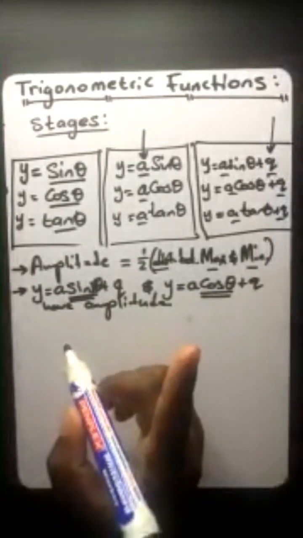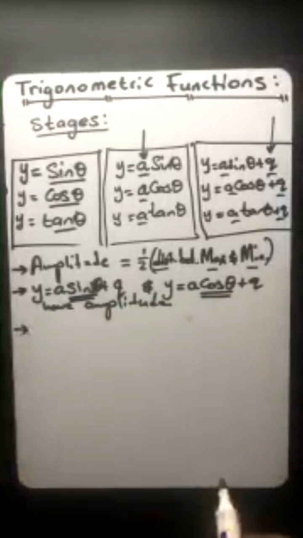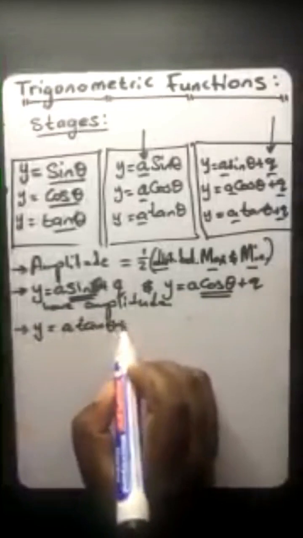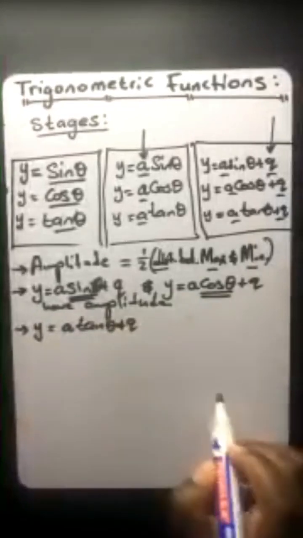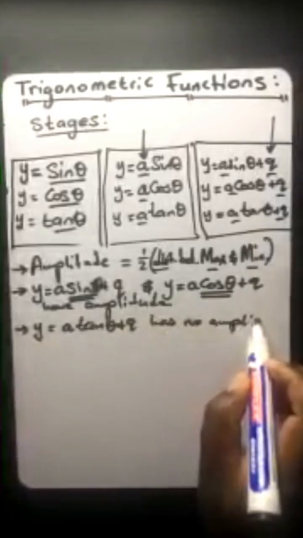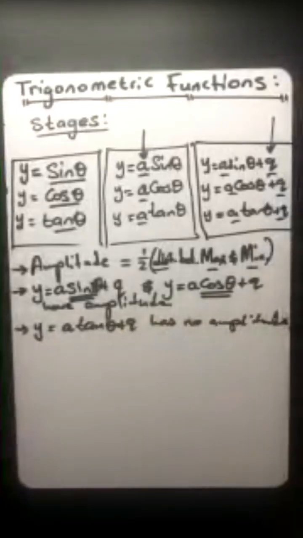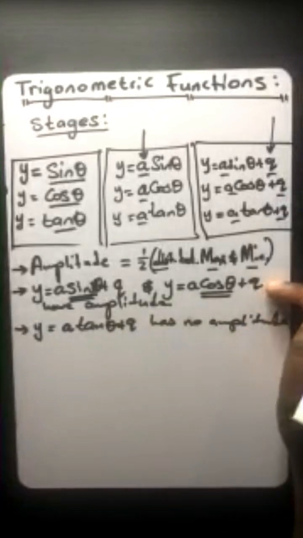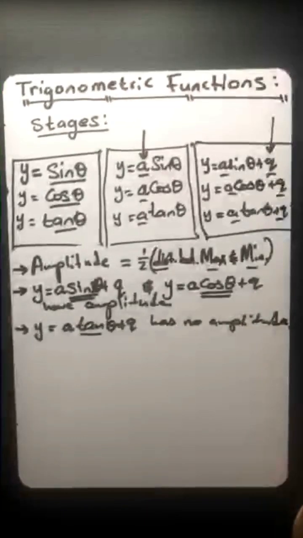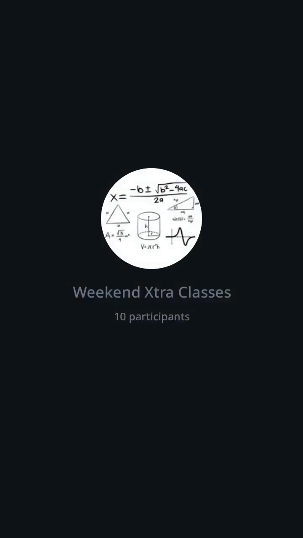But listen very carefully. The graph of y equals, let's say, a tan of an angle, plus q. This one has no amplitude. Someone is wondering why these two have amplitude, but this one for tan does not. The reason is, for you to calculate the amplitude, what do you need?